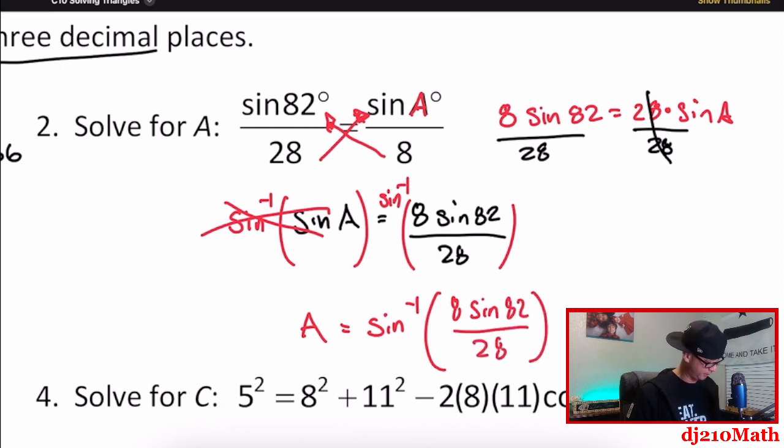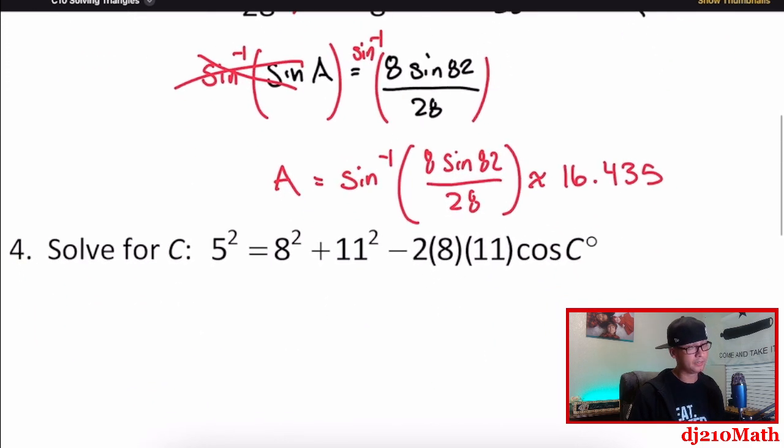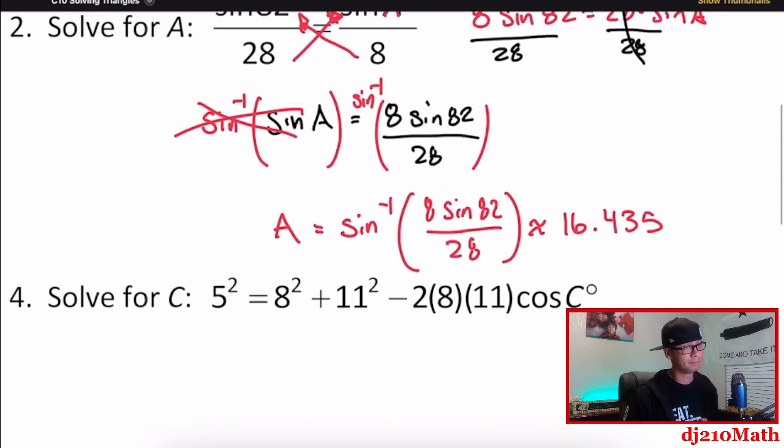And this is definitely calculator work. To 3 decimal places, truncated, it's 16.435.